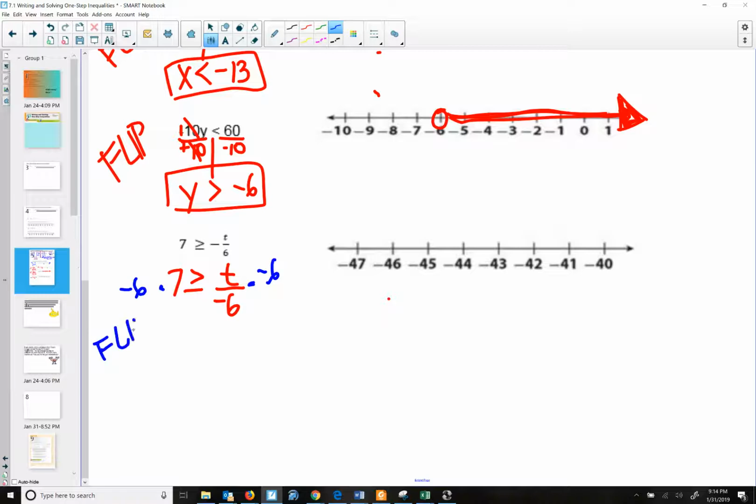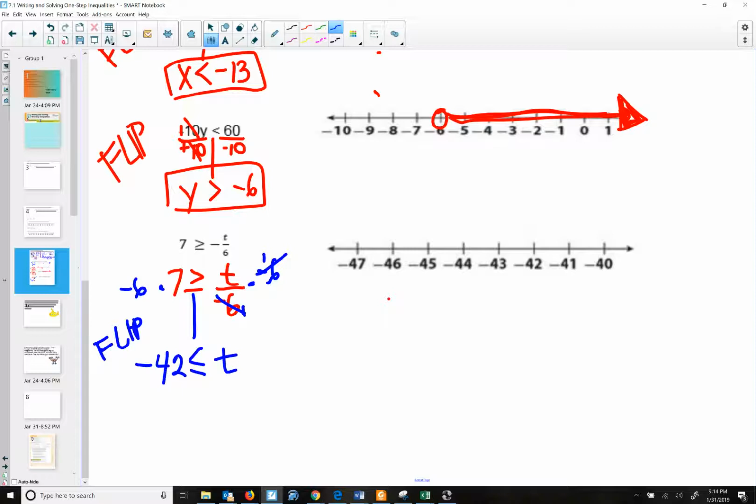Definitely flip. When I do that, this then becomes less than or equal to. I have -42 and -6 in the denominator divides with the -6 in the numerator to give me +1, and I have t.